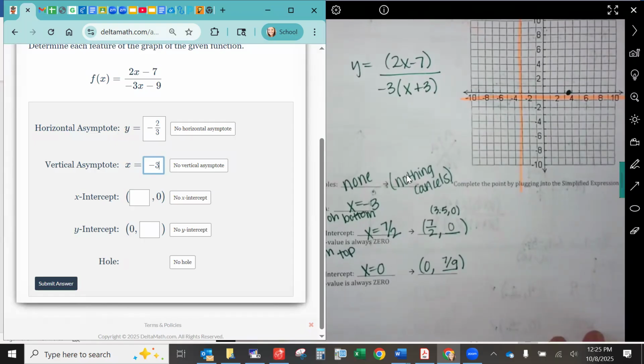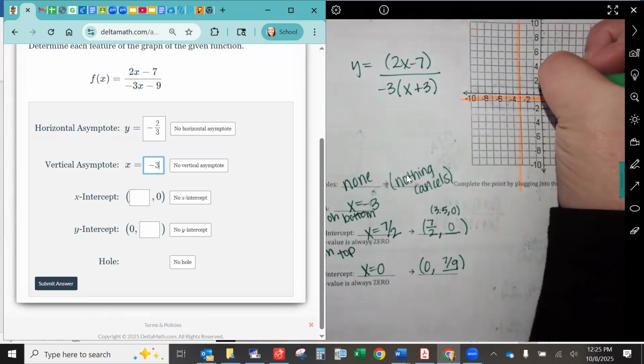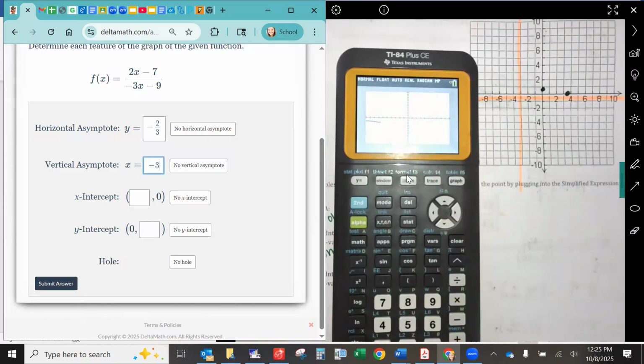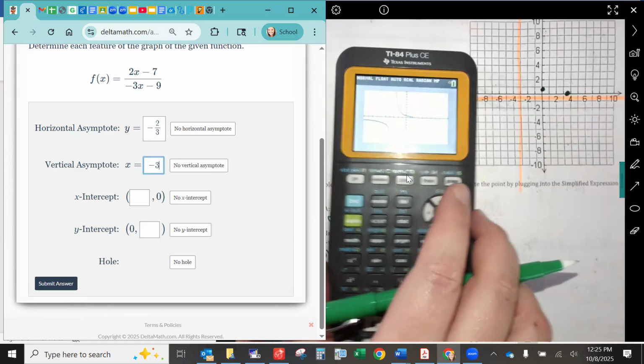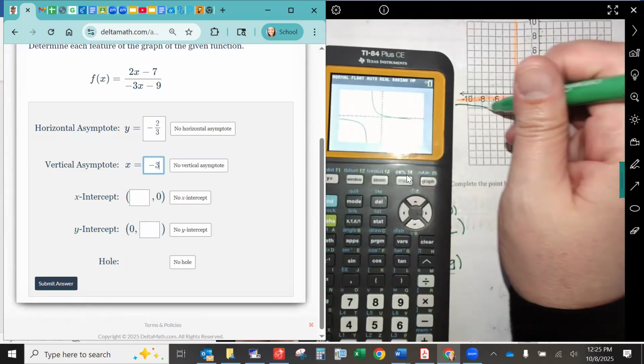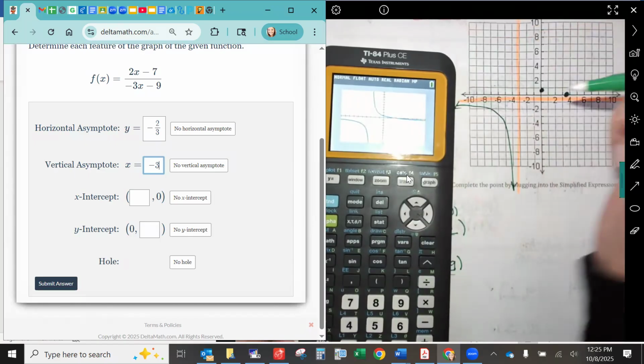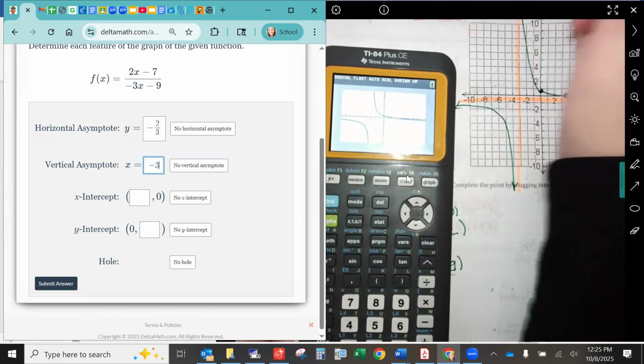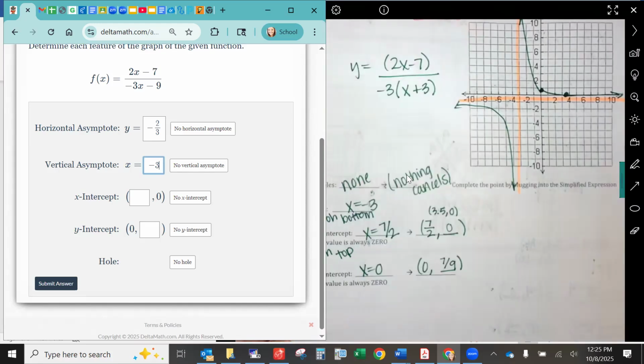And then 7/9 is like 0.8. So we're going to cross a little bit below 1. And then if you hit graph, you should be able to connect the dots. You're pretty much always in the corners. So you're going to have one piece that's down here, and then one piece that hits those points.